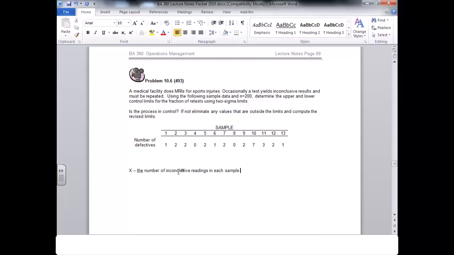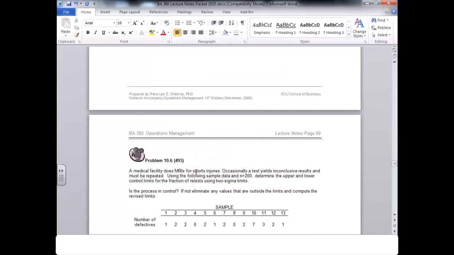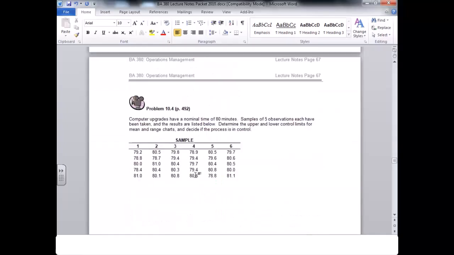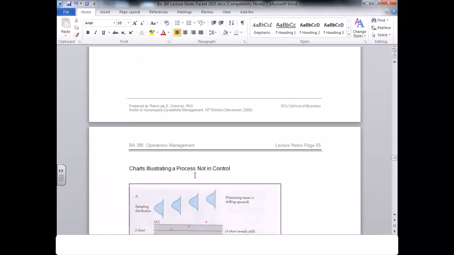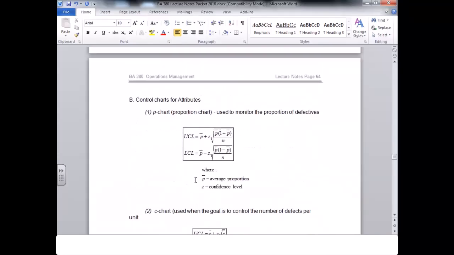Right? And what is the sample size? What's the N? 200. So eventually we will be computing a proportion because we can convert X in relation to the sample size. So the appropriate chart here will be the P chart, or the proportion chart. And the formula for the proportion chart will be this.